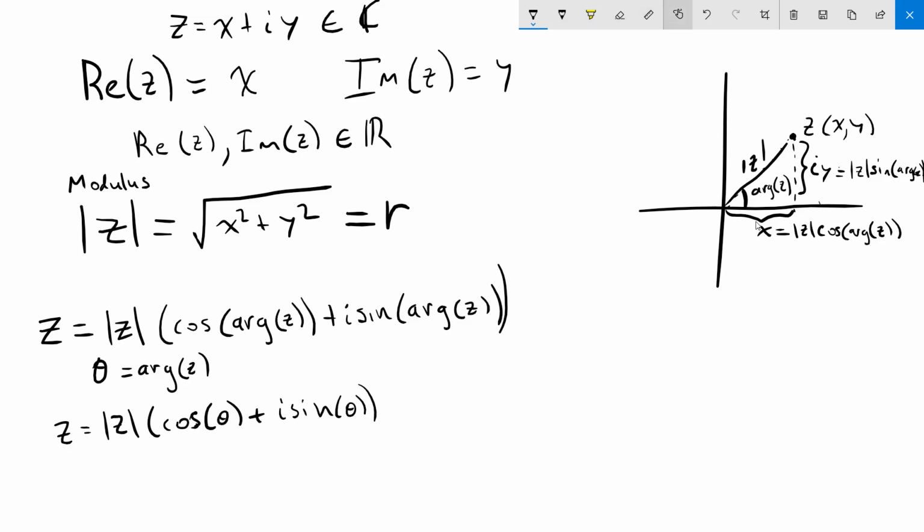Right, so let's do a basic example, because this is all very theory right now.